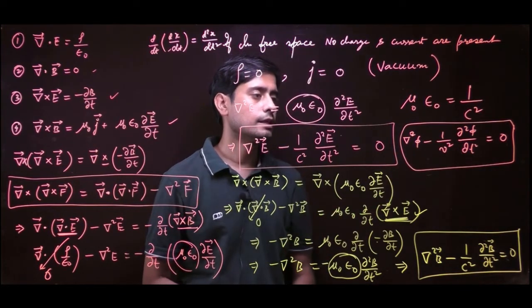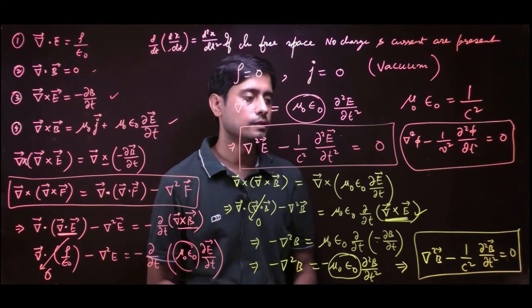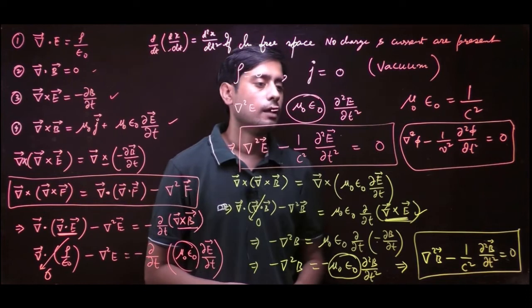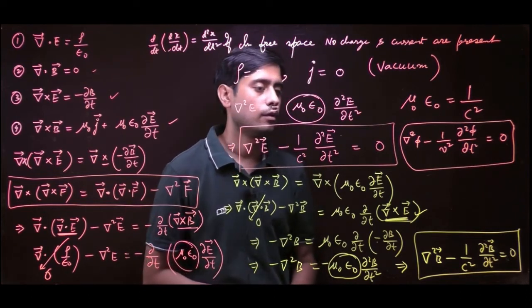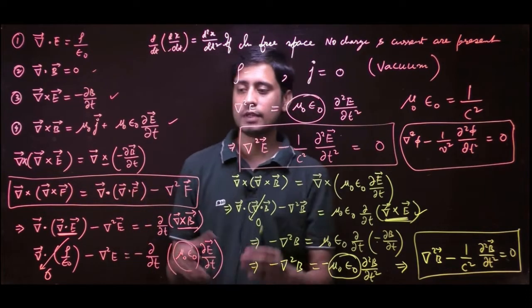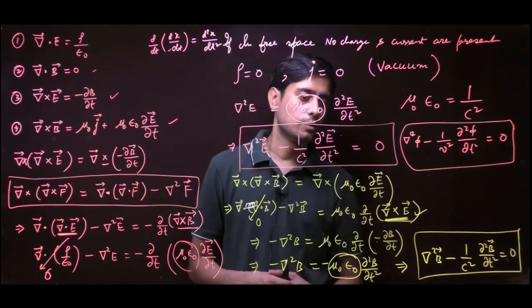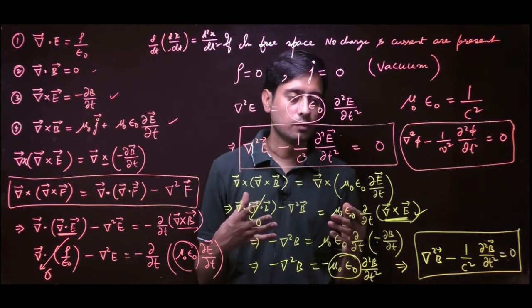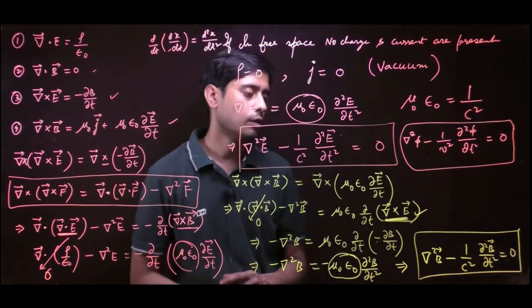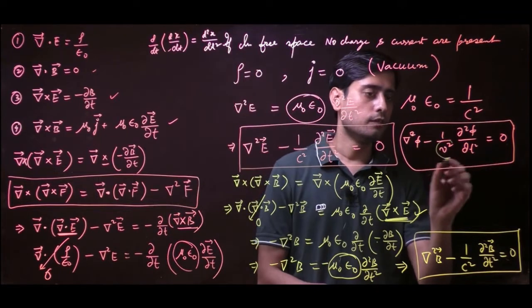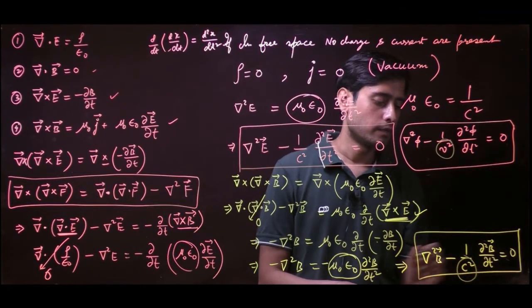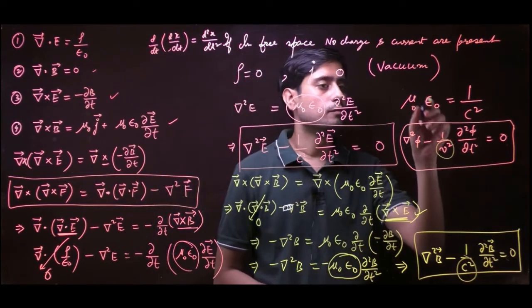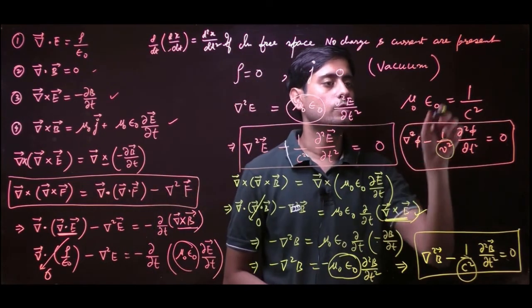So this suggests that these two equations can represent an electromagnetic wave; from the Maxwell equations we have derived these two equations. These must be the wave equations of light, because instead of v squared we are getting c squared here, where 1 upon c squared equals mu naught times epsilon naught.